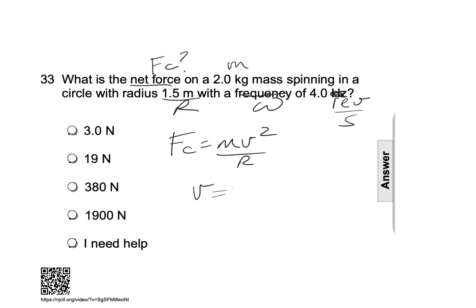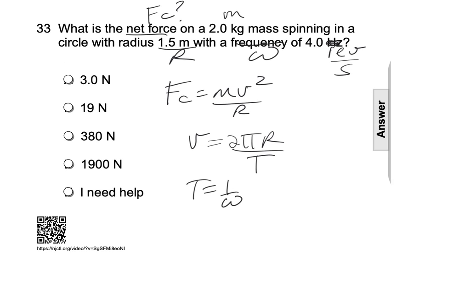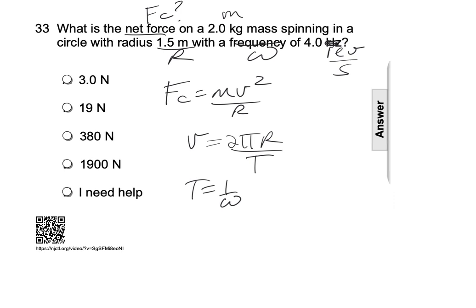Velocity equals 2 pi r over T. Again, I wasn't given T, but T equals 1 over omega, the inverse of angular speed. So I'm going to rewrite this as 2 pi r over 1 over omega. When you divide by a fraction, you invert and multiply instead. So we substitute this in for that.